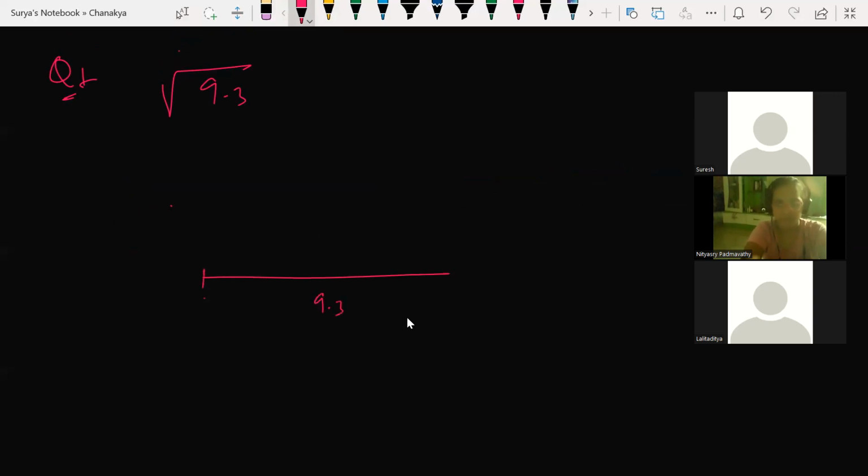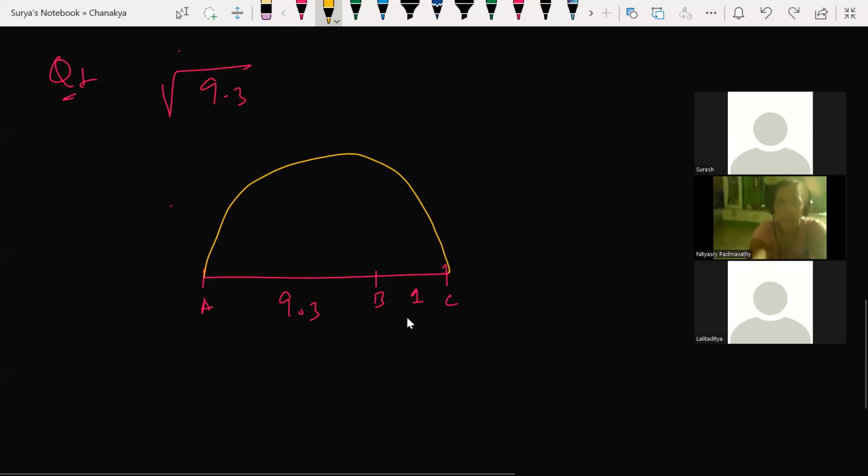Let's consider this is A and this is B. I extended B by one more unit, and let us consider this as C. Now here 9.3, right? So let us draw a semicircle joining A and C like this. First of all, extend this B here, and mark this point as some point D. Correct? Great.